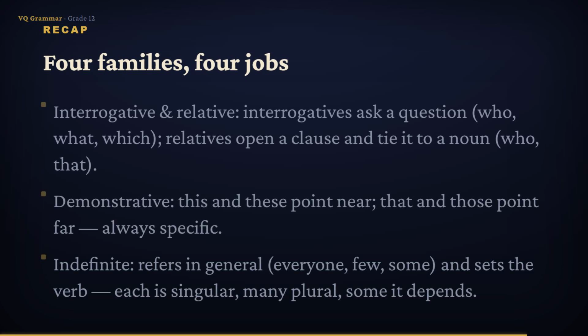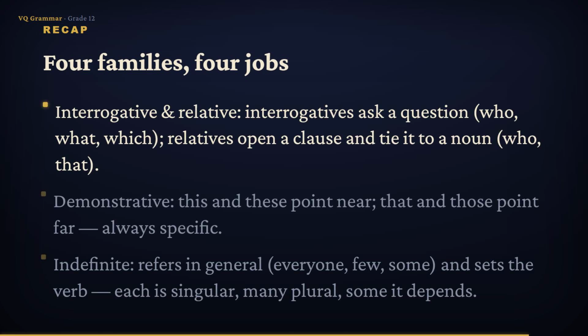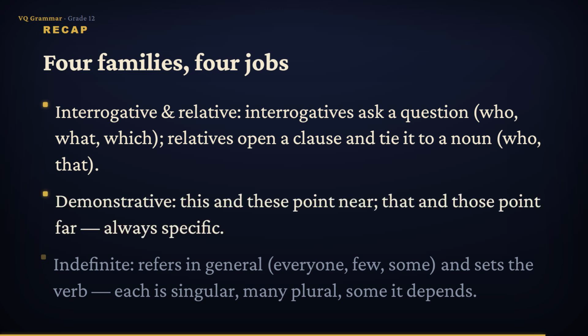Let's gather what we learned. First, the question and clause pair. Interrogative pronouns ask, who, what, which, while relative pronouns open a subordinate clause and tie it back to a noun, like who or that. Second, the demonstratives. This and these point to what's near, that and those to what's far, and they're always specific.